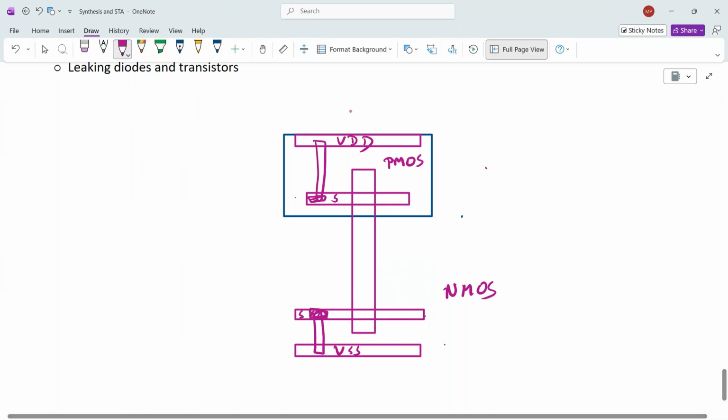Here somewhere is the gate, so the gate of PMOS and NMOS comes like this. What is the output? The output is like this, connected to the drain. This side is nothing but the drain. From here the Vout is there. So this is what is understandable by your foundry.